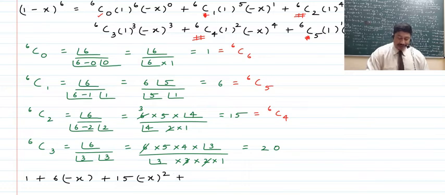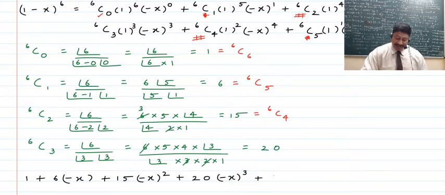Now when we talk about the next term, it is 6C3. The value of 6C3 we calculated to be 20, and that is going to be multiplied with 1 raised to the power 3, which will remain to be 1, as 1 is the multiplicative identity. As such, there is no point writing it, and we multiply it with -x, which is going to be raised to the power 3.